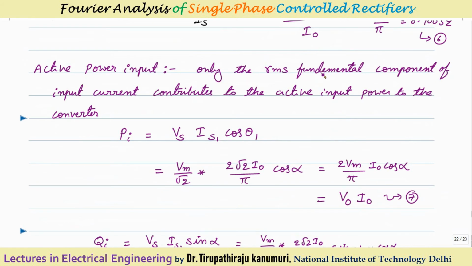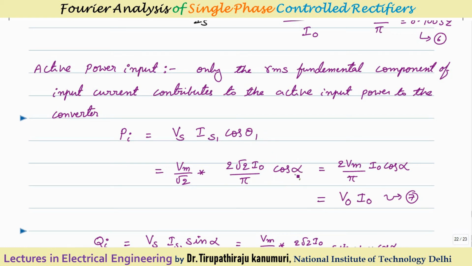Now coming to the active power input. Only the RMS fundamental component of the input current contributes to active input power to the converter. So input power will be equal to Vs multiplied by Is1 multiplied by cos theta 1. Vs is nothing but V maximum by root 2, the RMS value of my input voltage. The RMS value of the fundamental component of current will be 2 root 2 I naught by pi, which we have already calculated.